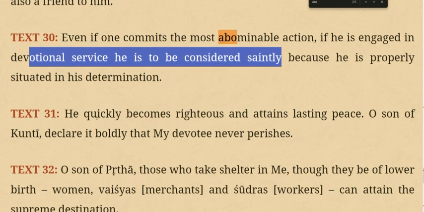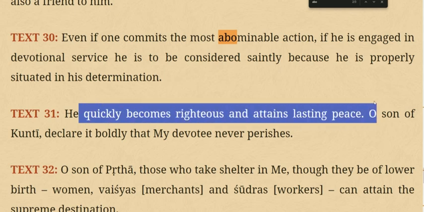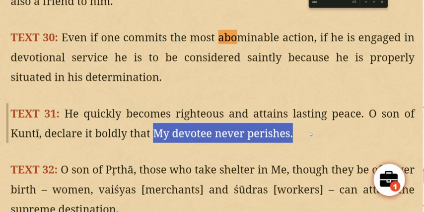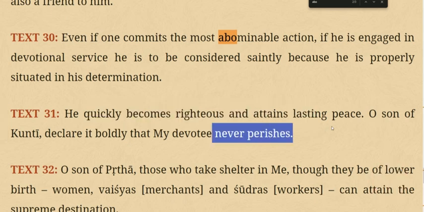Why? Kshipram bhavati dharmatma. He quickly becomes righteous and attains lasting peace. A devotee never perishes, but one who seeks Brahmajyoti can get destroyed. Okay, that can happen. But a devotee, even if he performs an abominable activity, will quickly become righteous and will not get destroyed. Finally he will achieve success somehow or the other.